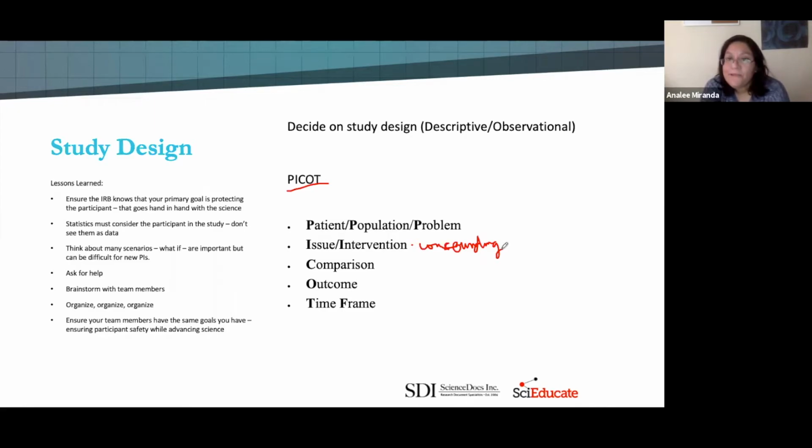Ask for help again, and that goes with the comparison part. Brainstorm with team members. That goes with the outcome part. Time frame, organize. Ensure that everybody in your team has the same goals that you have, to make sure you're ensuring participant safety, because that's the top thing that you need to ensure.